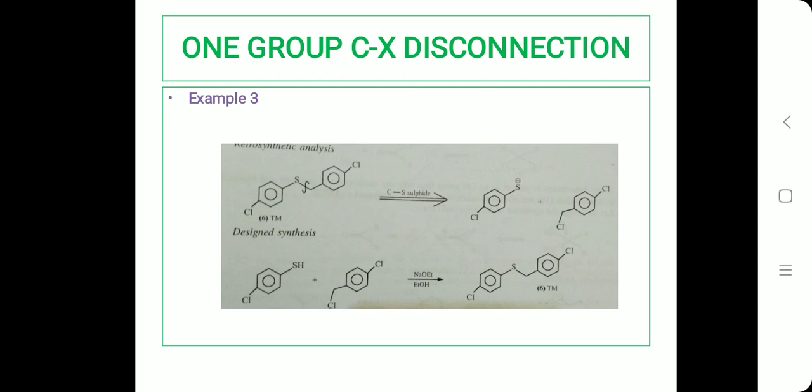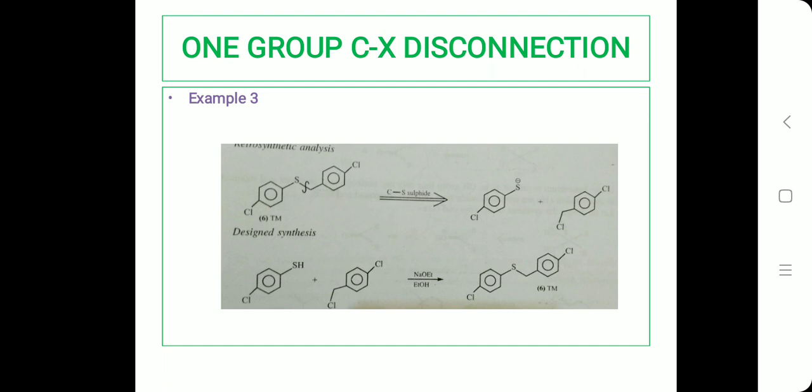So when we disconnect, we are going to get S minus and we are going to get the other synthon. So this is another example of one group C-X disconnection, but here X is the sulfur. So we have ethers, we have alcohols, we have amides, and we have sulfides also. So the next is going to be writing down the design synthesis.